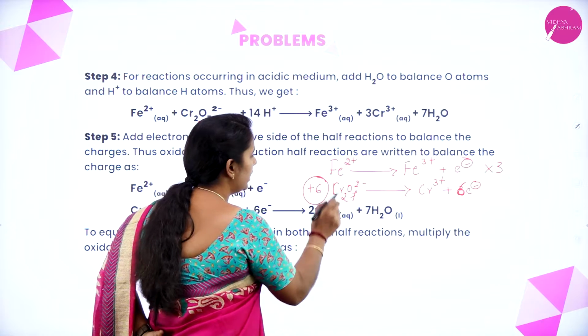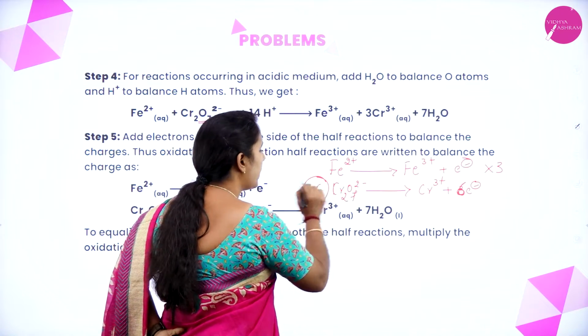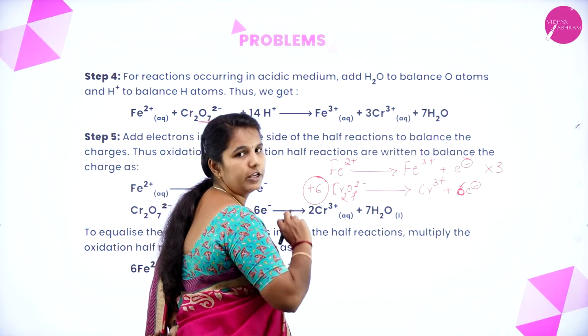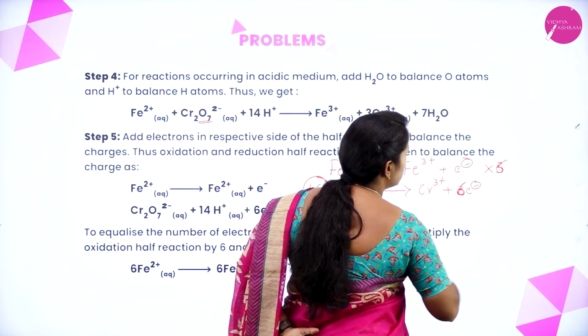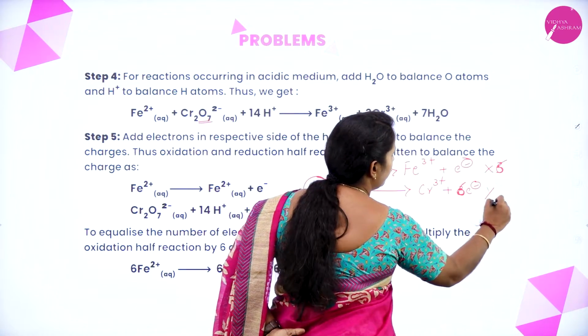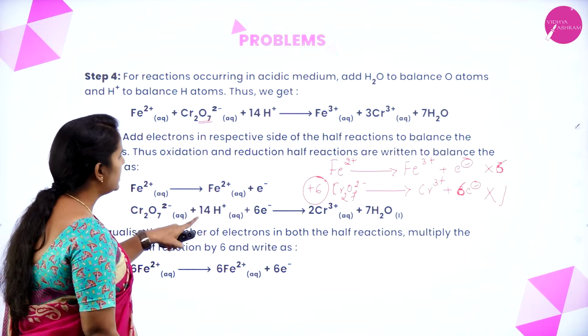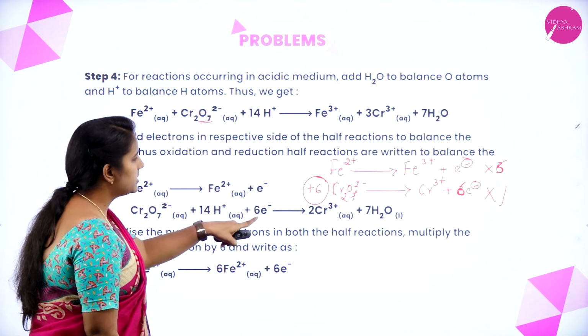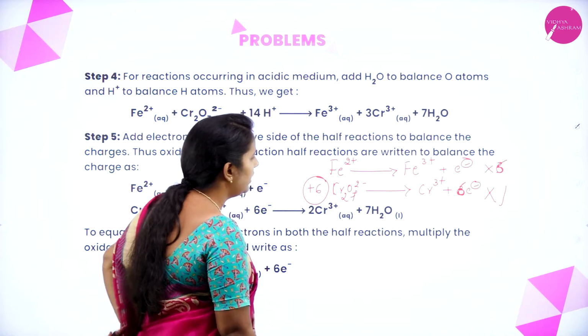Because 1 chromium atom takes 3 electrons, but there are 2 chromium atoms, so multiplying gives 6. Multiplying both sides by 6 and here by 1, you get Cr2O7 2- plus 14H+ plus 6 electrons giving 2 Cr3+ plus 7 water.